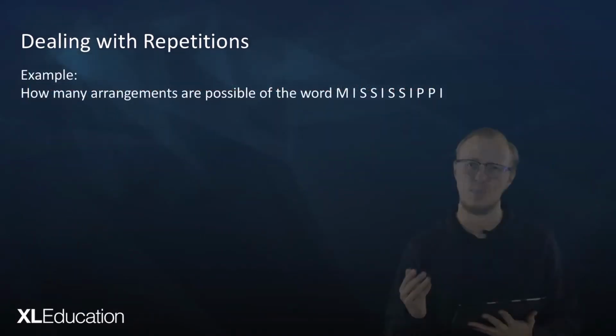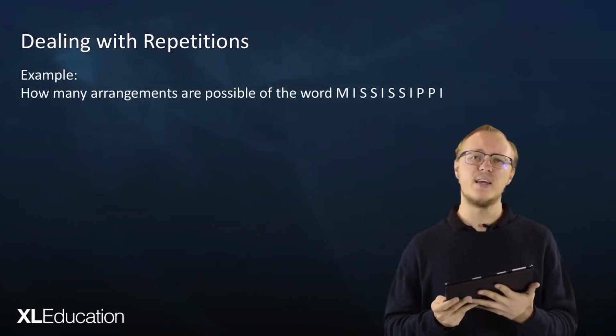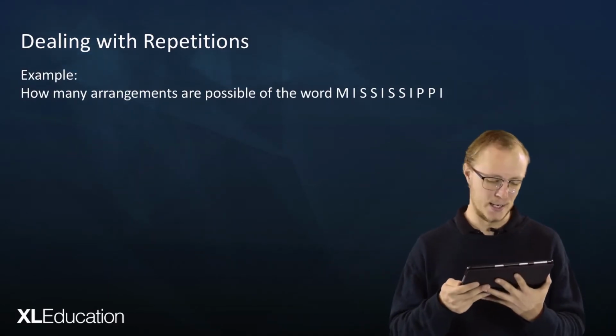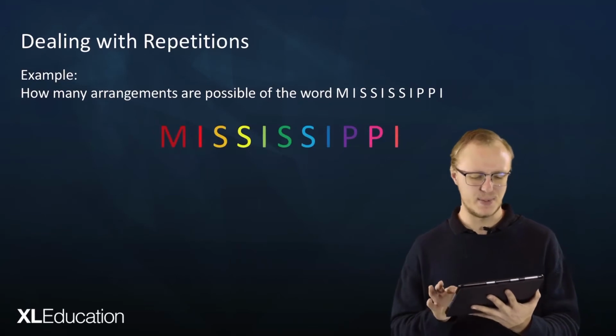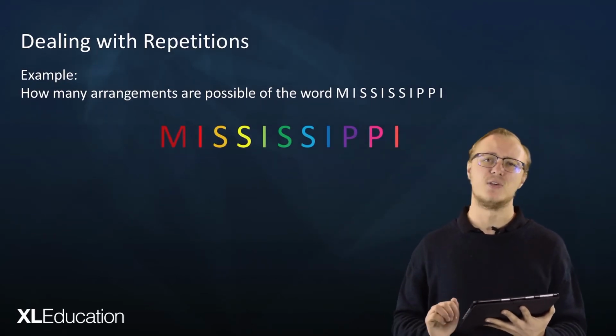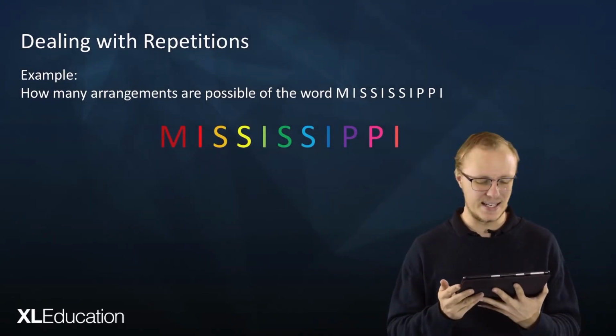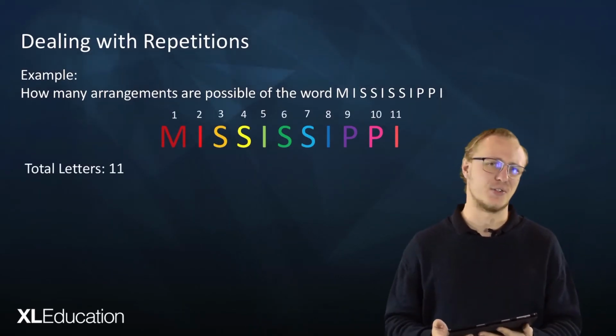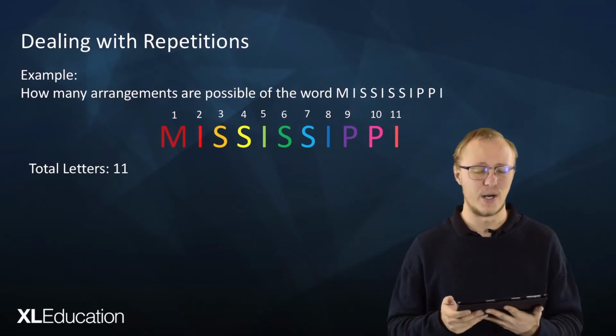Let's look at a slightly more interesting example. How many arrangements are possible of the word Mississippi? The first thing we need to do is count how many letters there are, and we find that there are 11 letters in total. Now we've got to look for repetitions.